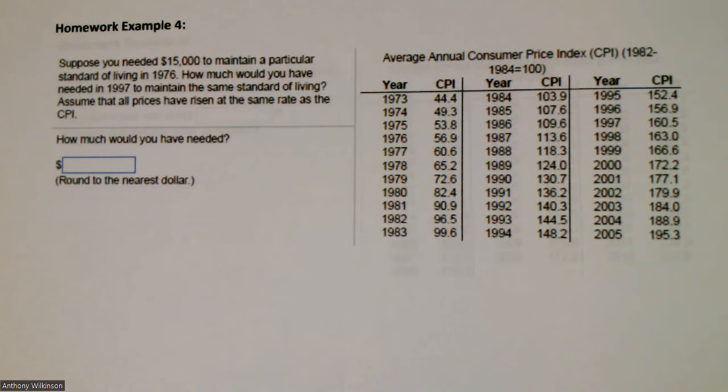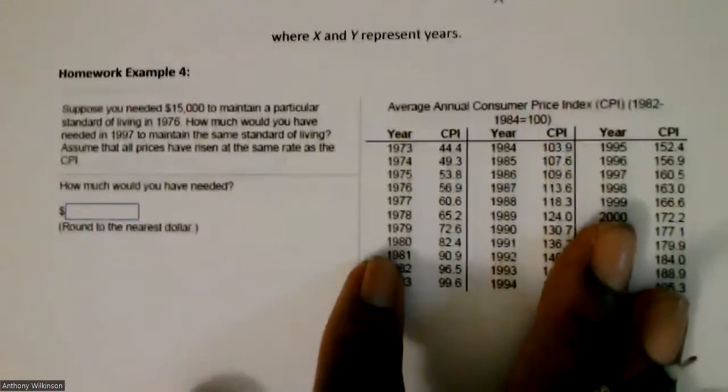Assume that all prices have risen at the same rate as the consumer price index, or CPI. So here's the table that we're going to be referring to. Now we're going to pretty much identify some things here. And also we're going to use this formula at the very top.